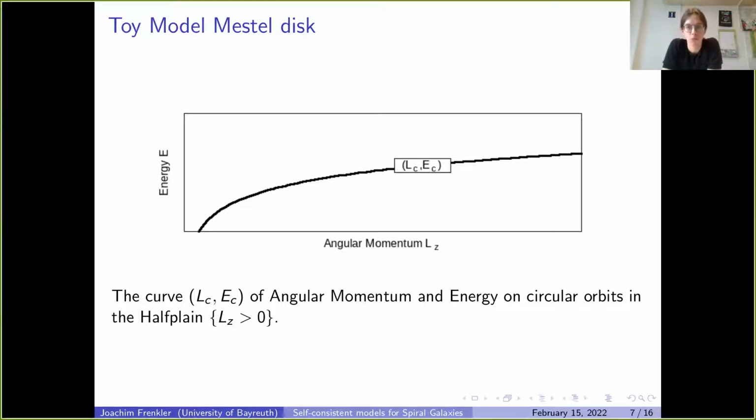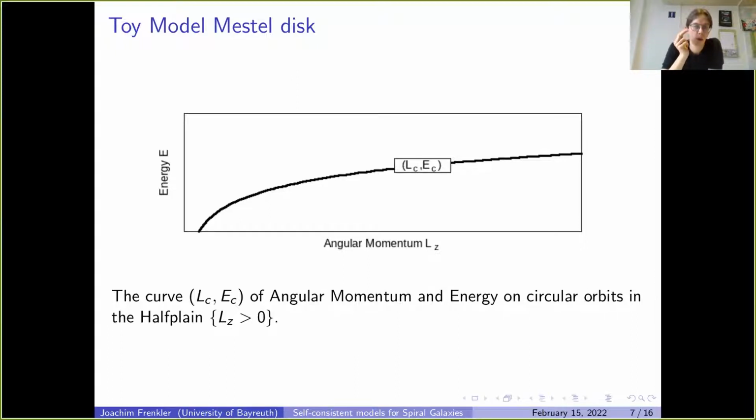The angular momentum LC on a circular orbit is growing linearly with radius, since the circular velocity is constant. And the energy on a circular orbit is growing logarithmically with radius, because the potential of the Mestel disk is a logarithmic one.